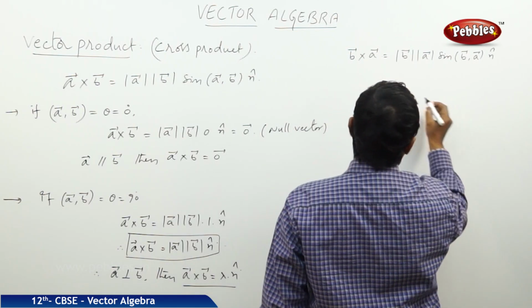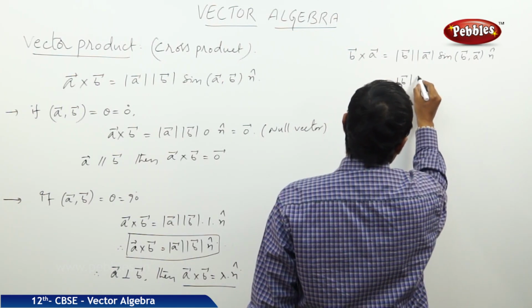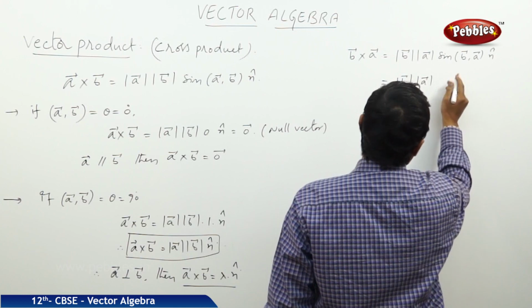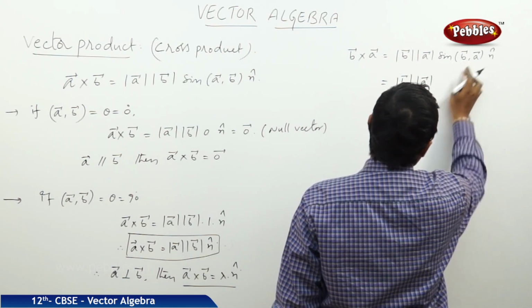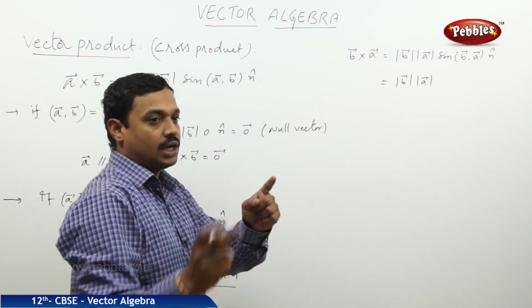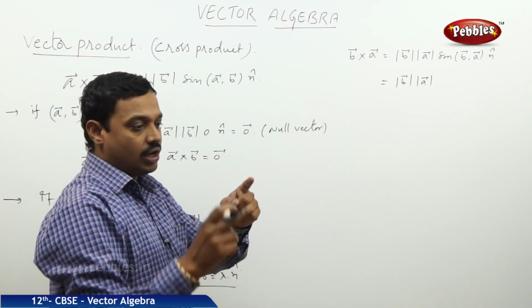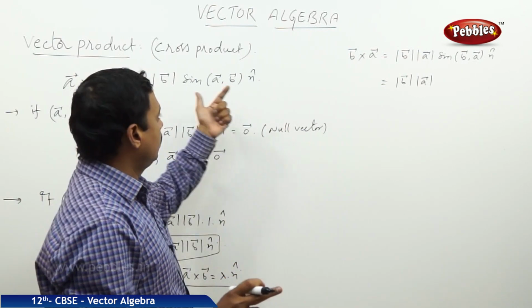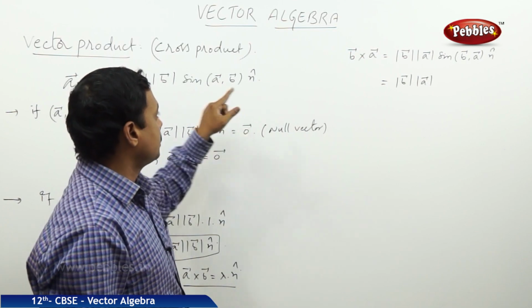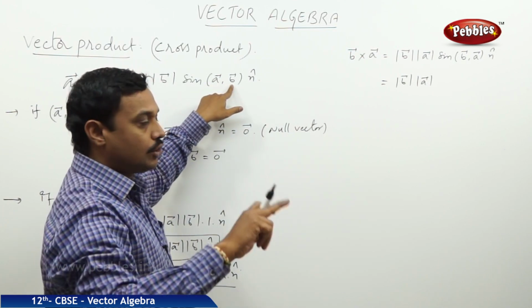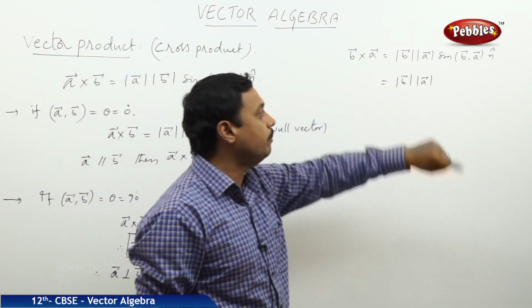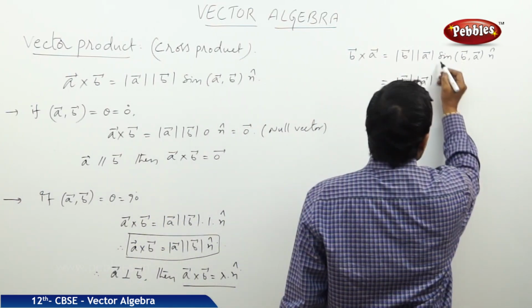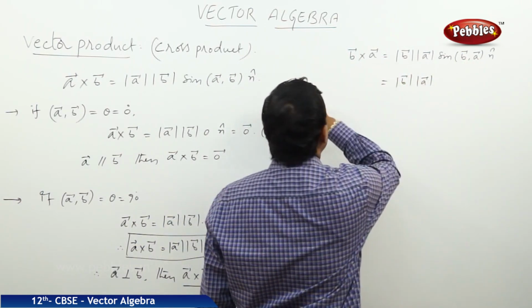So the direction of rotation is opposite: the rotation from A to B is opposite to that from B to A. So this angle is always in the opposite direction.